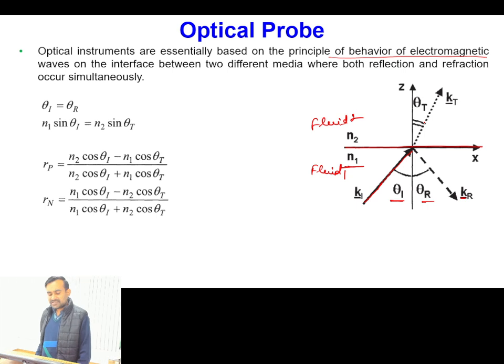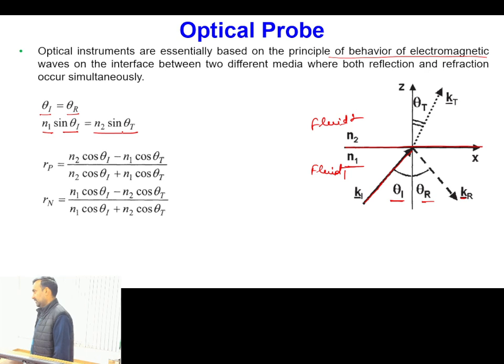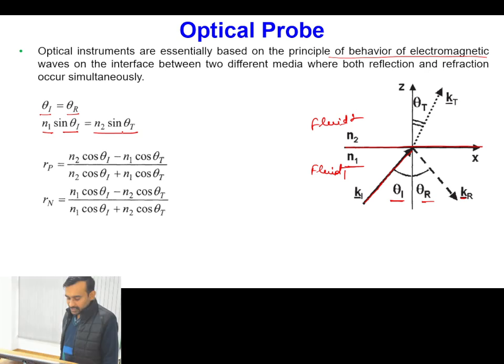From our basic understanding of optics, we know that theta I is equal to theta R, and N1 sine theta I has to be equal to N2 sine theta T. This comes from the basic laws of optics: the incident angle equals the reflection angle, and the refractive index of fluid 1 times the sine of the angle of incidence equals the refractive index of fluid 2 multiplied by the sine of the angle of refraction.